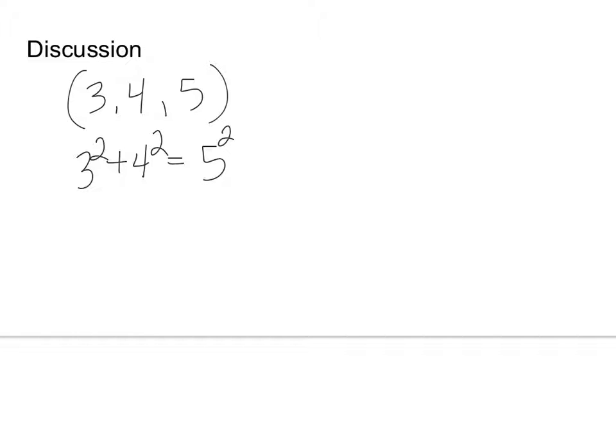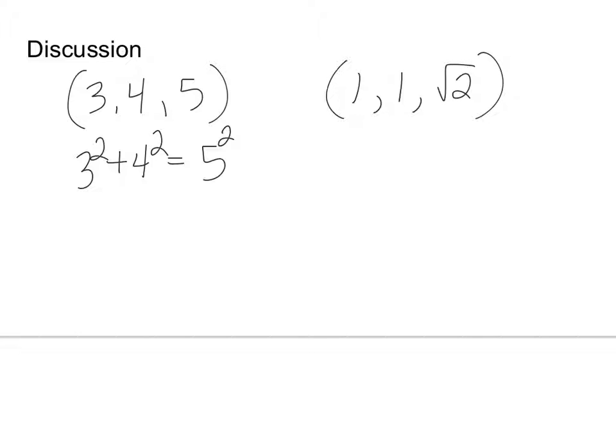So I've said that 3, 4, and 5 is a Pythagorean triple because 3 squared plus 4 squared does in fact equal 5 squared. What about 1, 1, and the square root of 2?